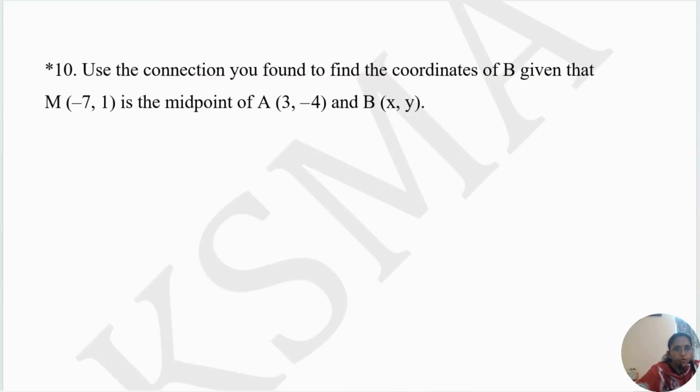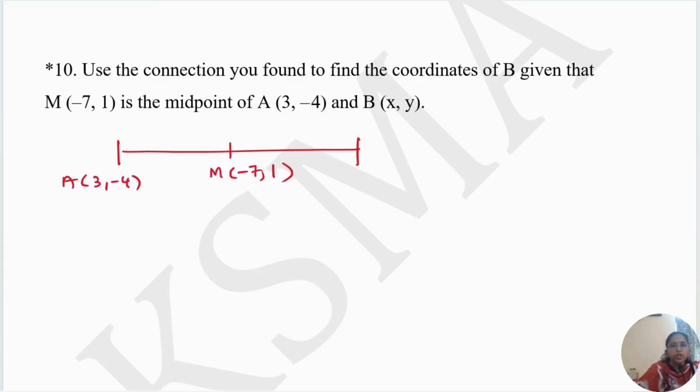Use the connection you found to find the coordinates of B given that M is the midpoint of A and B. So you can consider your data this way. M is the midpoint. So M is (minus 7, 1), A is (3, minus 4) and B is (x, y).